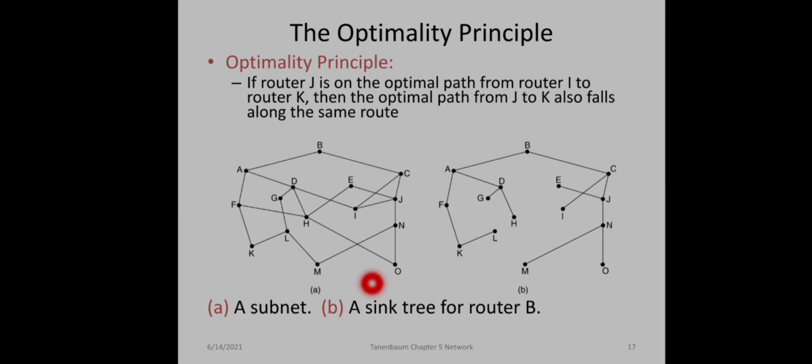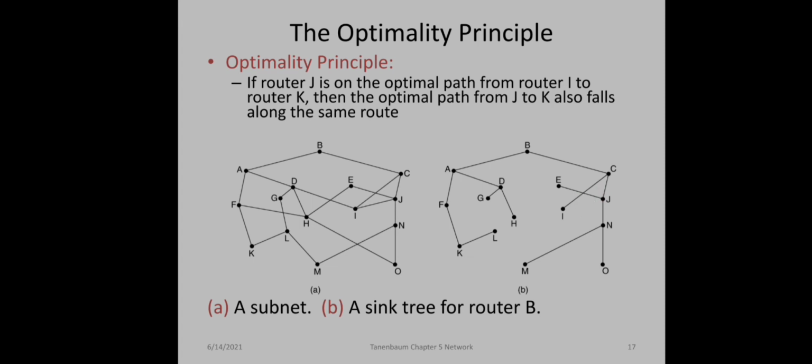As a consequence of this optimality principle, we have a new term called sink tree. Sink tree is actually a set of optimal routes from all sources to a particular destination. Here B is the destination from all other routers, which is the optimal route. Such a set of routes is called a sink tree.